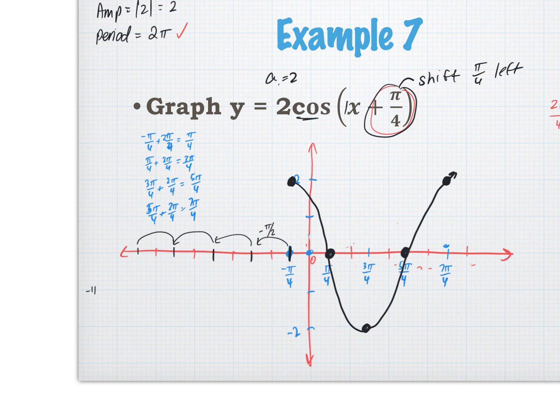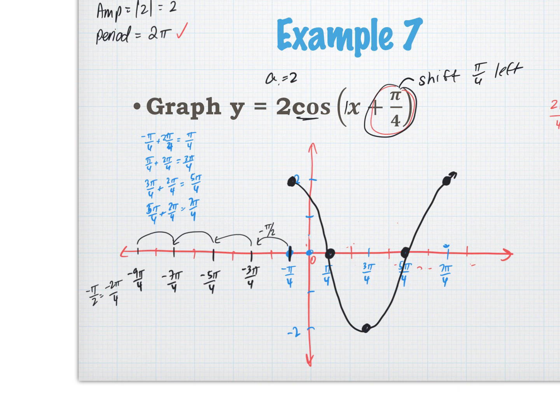Well, negative pi over 2 I know is equal to negative 2 pi over 4. So when I do negative pi over 4 minus 2 pi over 4, I get minus 3 pi over 4. When I subtract minus 2 pi over 4 again, I get minus 5 pi over 4. I get minus 7 pi over 4. And I get minus 9 pi over 4. Okay? And so those are my values to the left.